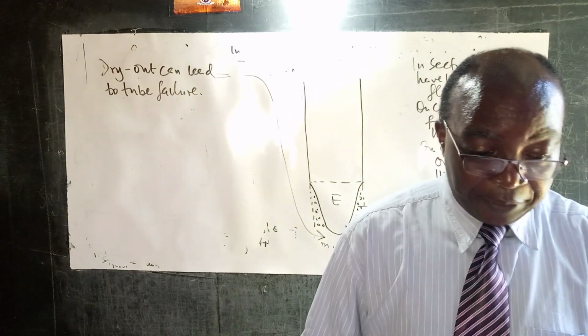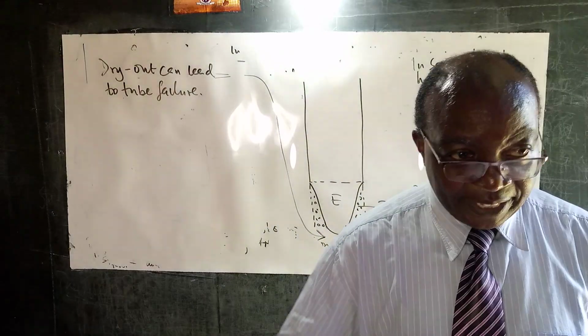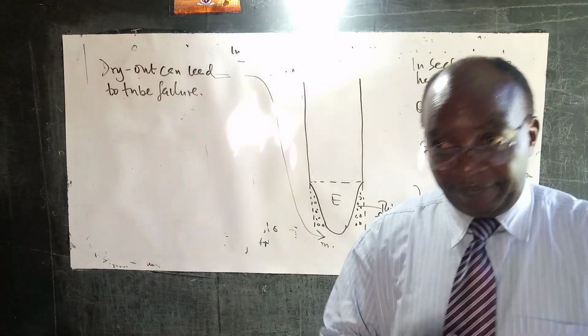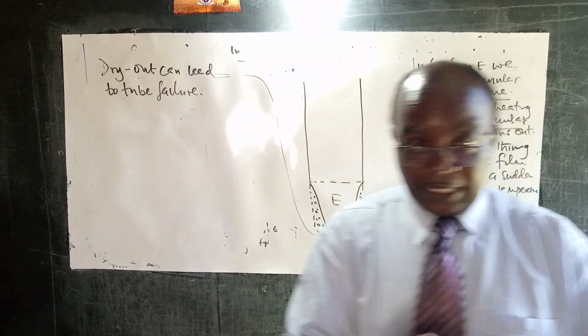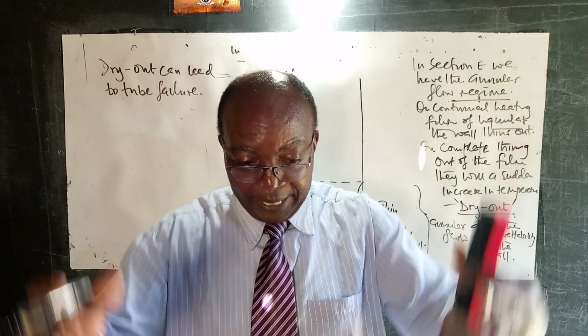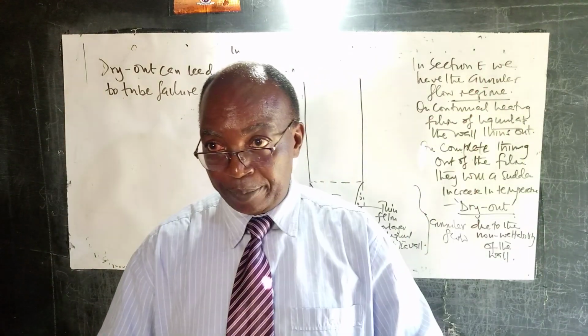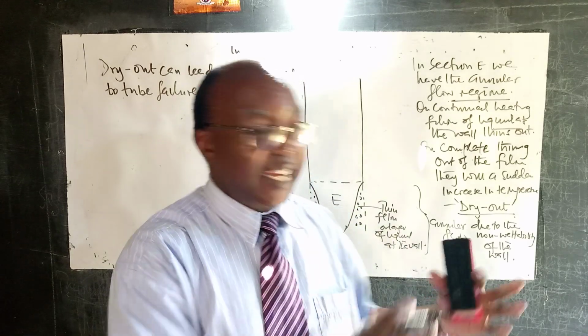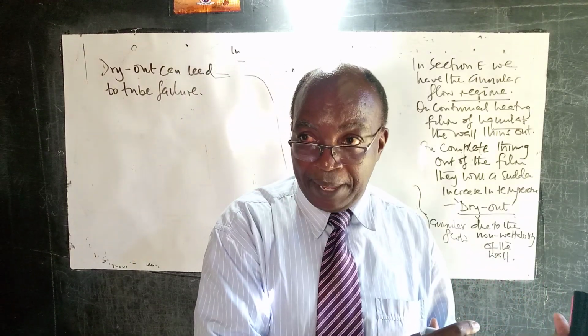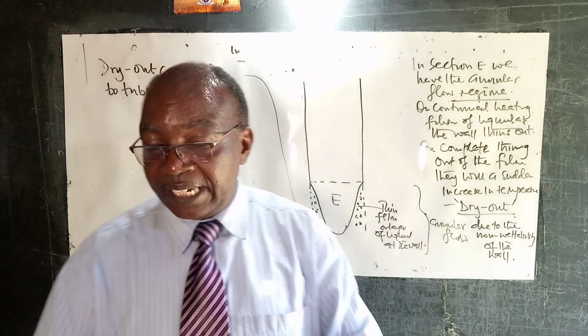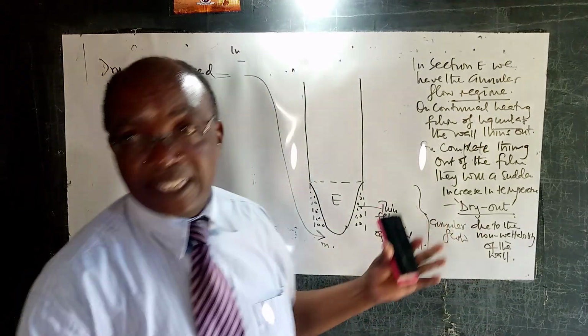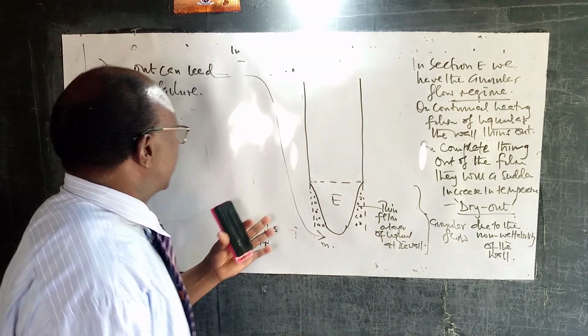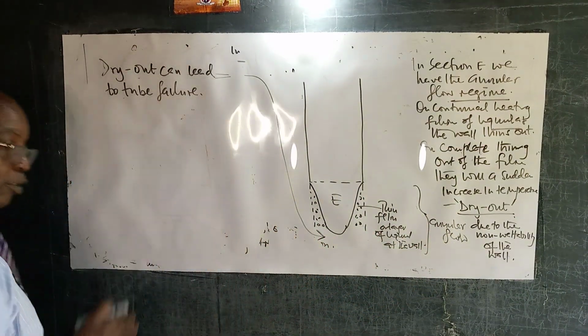And now, remember we said that in the system we have a constant heat flux. If, for example, the temperature at the wall is made constant, then you will avoid this kind of problem. But if you have the constant heat flux in the system, then dry out is a possibility, and that can lead to tube failure.